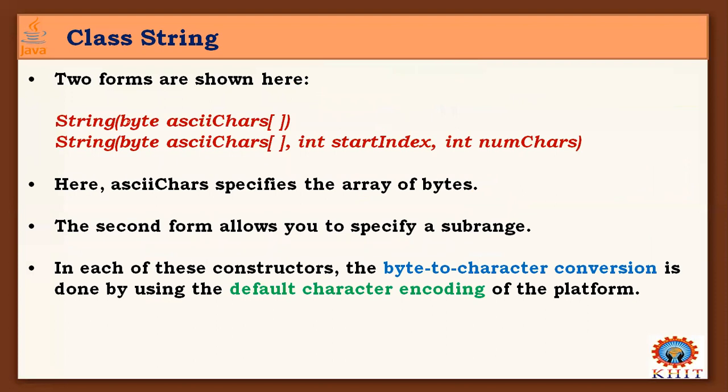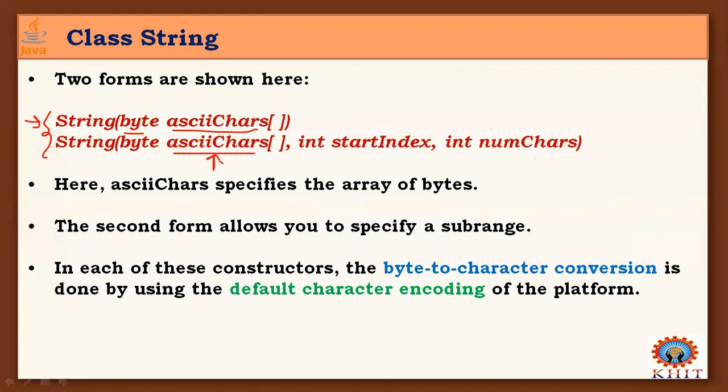So here we have two types of constructors specifically for this. String is a constructor that takes a byte array of characters using the ASCII character set. That's why the array name given here, asciiChars, is optional.